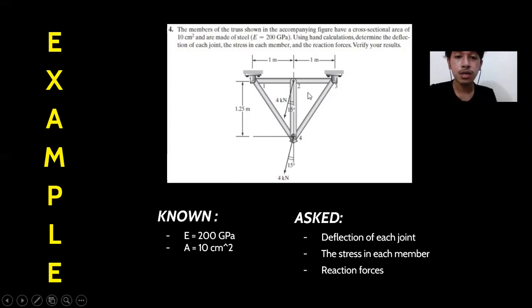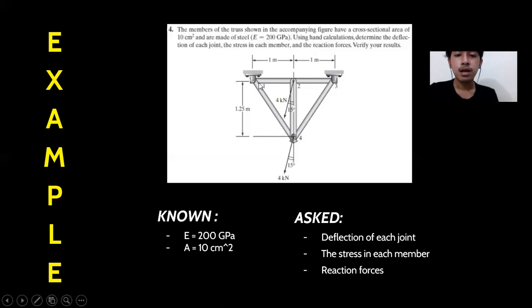They are also connected with nodes, and each element of truss is connected with 2 nodes. For example, here in truss 1, there are 2 nodes, which are node 1 and node 2, and then node 2 and node 3, node 3 and 4, 1 and 4, and then 2 and 4.